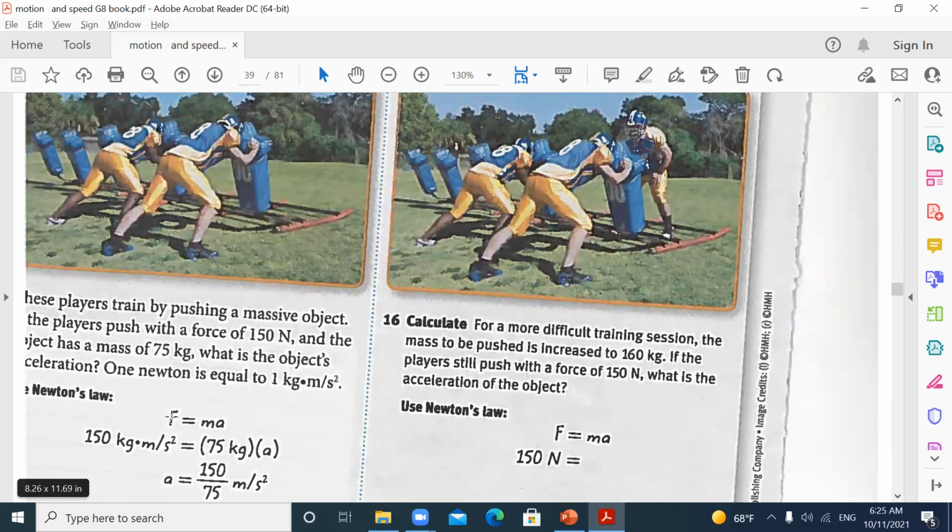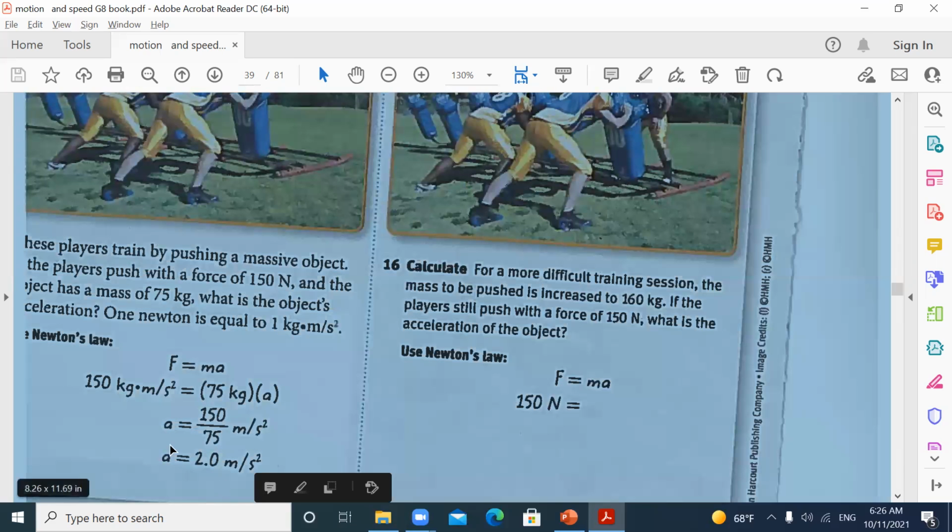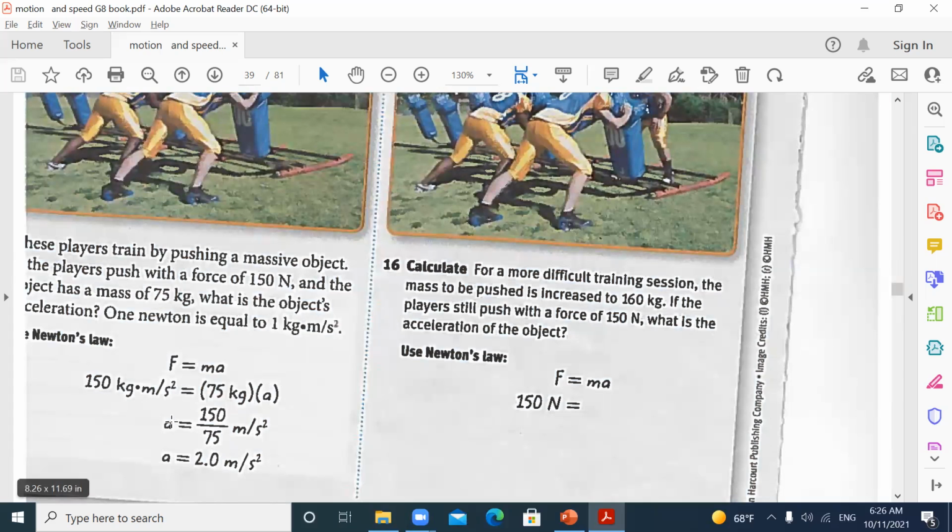Substituting, 150 kilogram meter per second squared equals 75 kilograms, the mass, multiplied by A. So A equals 150 kilogram meter per second squared divided by 75 kilograms. So the final answer, after correction, is 2 meter per second squared.